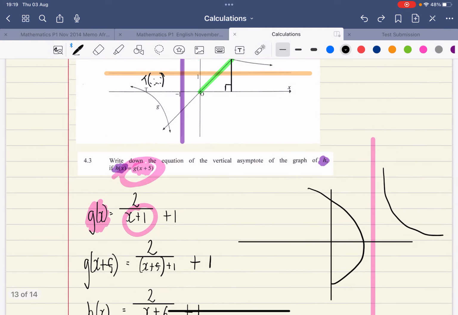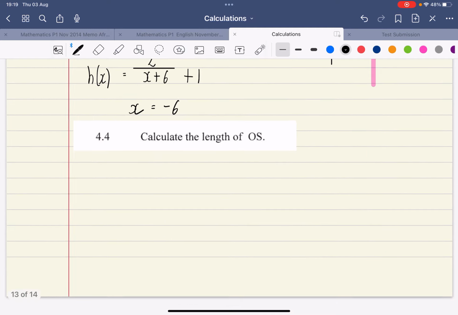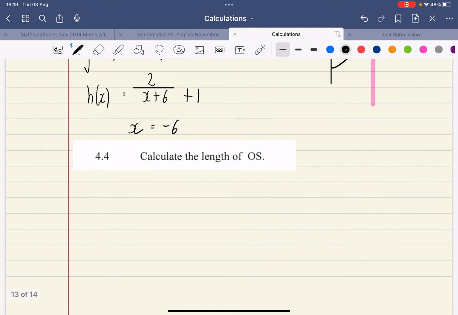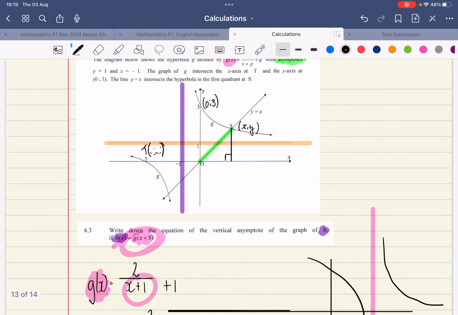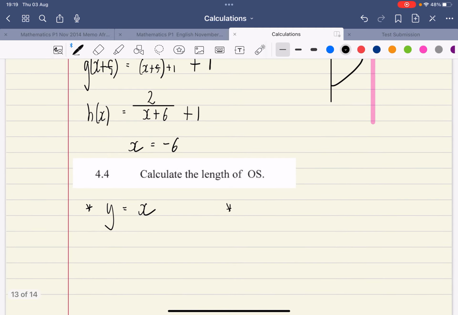Well, we don't have the OS coordinates, so maybe that's a good place to start in order to find the length. So let's try to find the coordinates. We know that S lies on the straight line y equals x, and we are told that it also lies on the hyperbola. Now, I mustn't get confused with the one we just calculated.